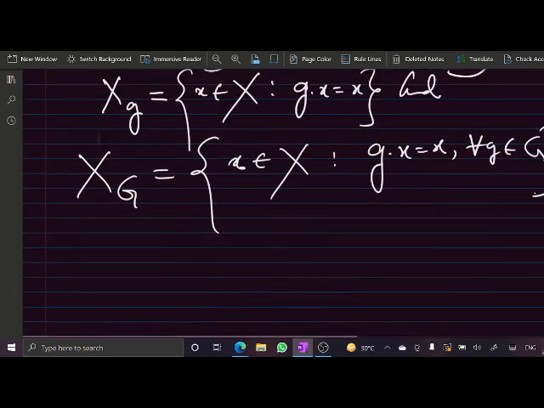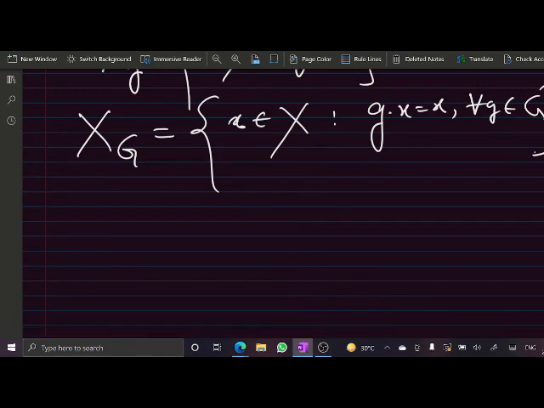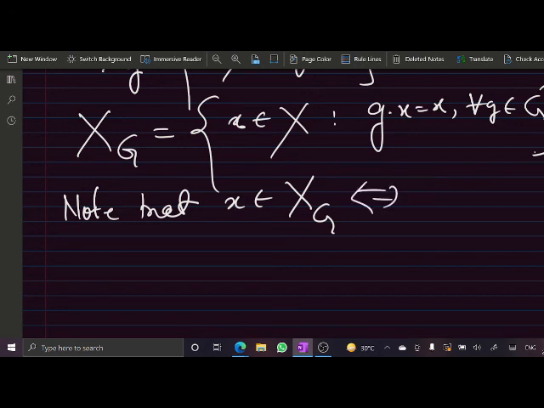Then note that some x belongs to X^G if and only if the corresponding orbit will be consisting of a single element x.